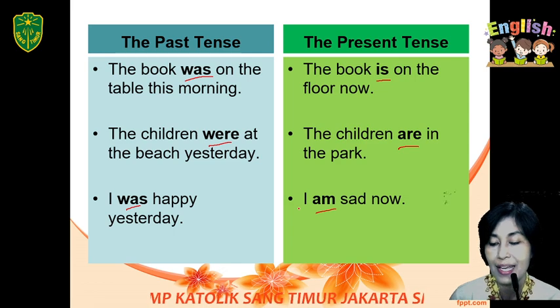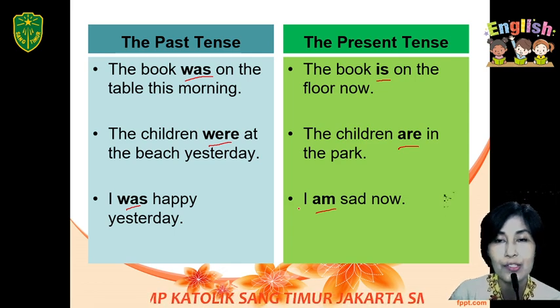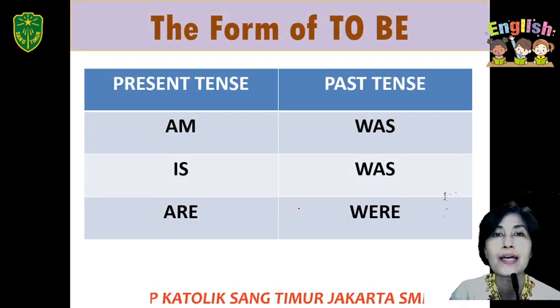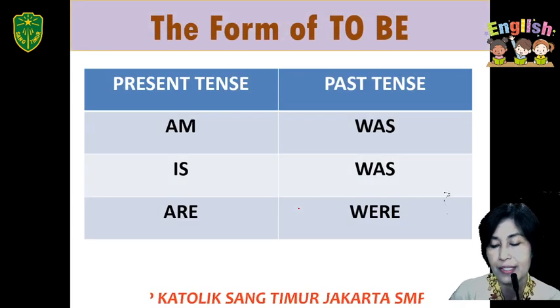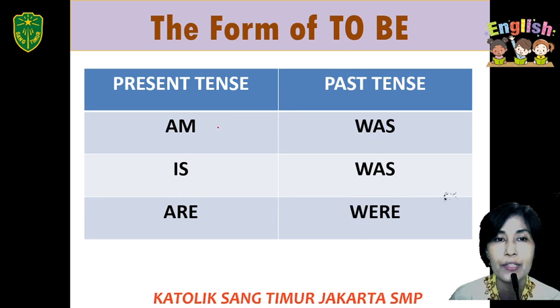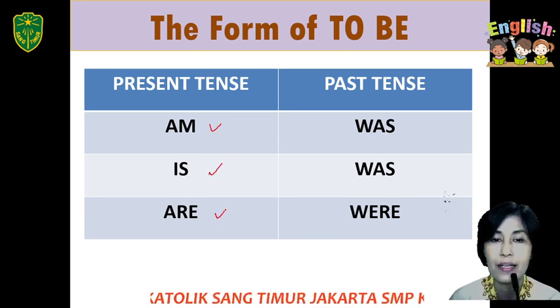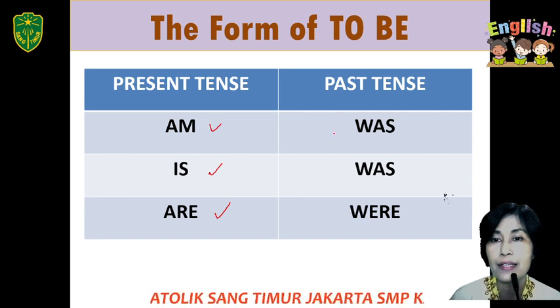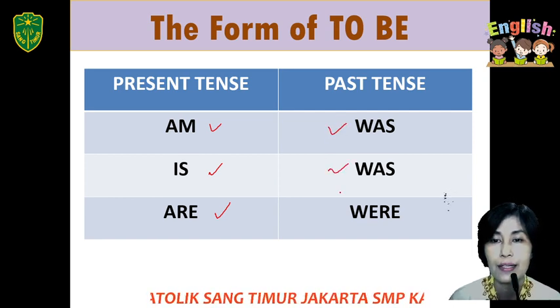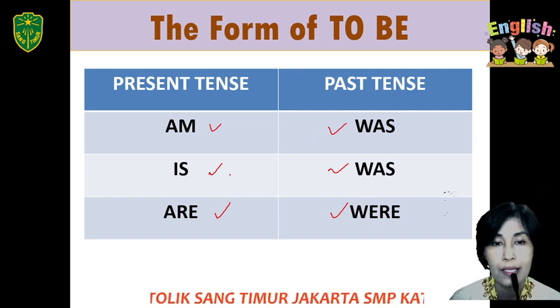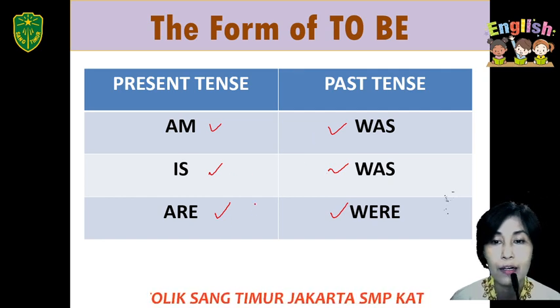Okay. Now we are going to have this one, the form of to be. See? Now you know that in the present tense you have am, is, and are. And in the past tense you have was and were. Am becomes was, is becomes was, and are becomes were.